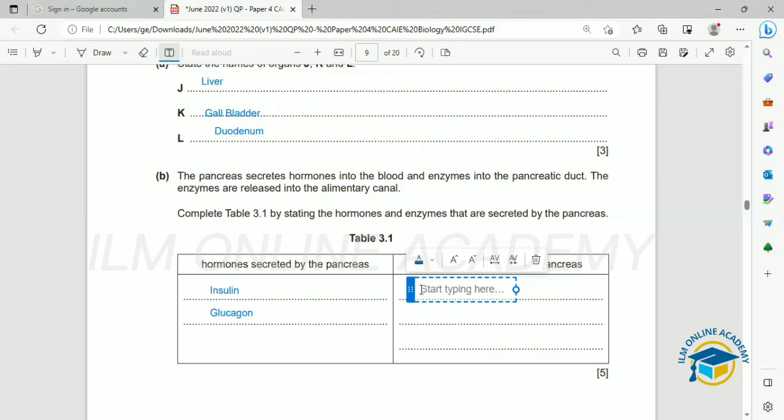If we want to name the carbohydrase, mainly amylase, trypsin is a protease mainly, and then lipase. So amylase will break down carbohydrates like starch, a complex carbohydrate, trypsin is a protease, breaking down proteins, and lipase would work on lipids.